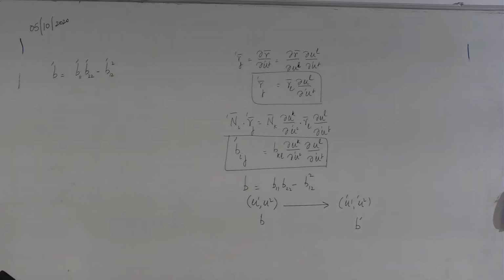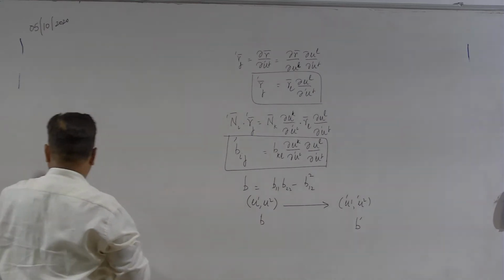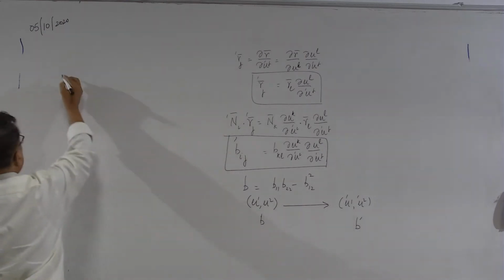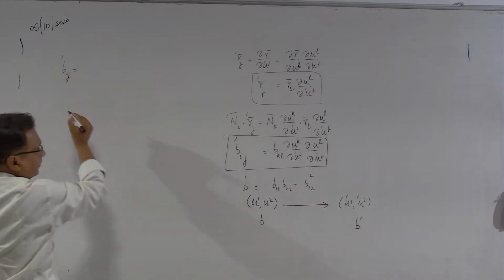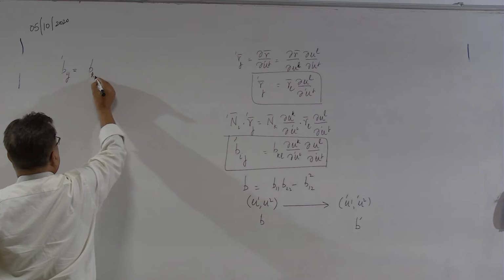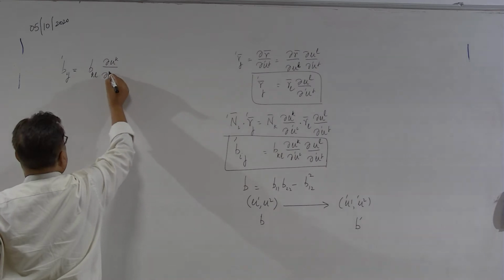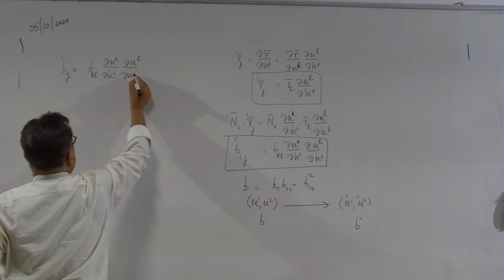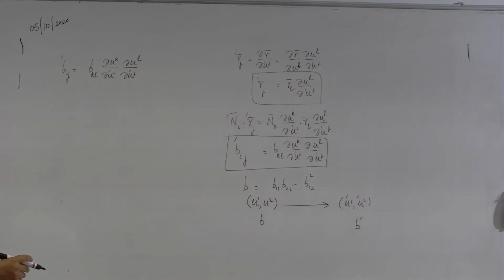I can write down directly. We have the formula here in the box: b dash ij is equal to b_kl into del u_k upon del u_i dash, del u_l upon del u_j dash. Take the determinant on both sides.